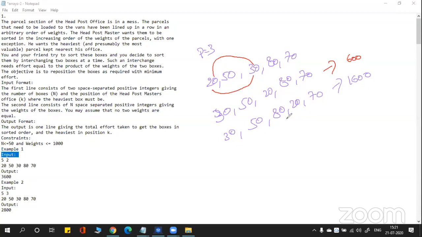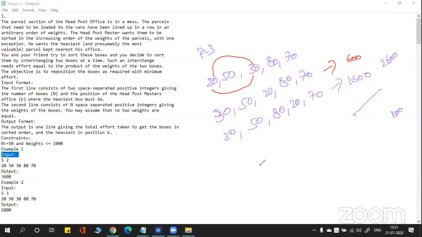Next, what I can do, we were actually sorting 30 and 20. If I sort 30 and 20, is it required actually? Up to now I got 1600, sorry, 2600. Next, only 200 effort.